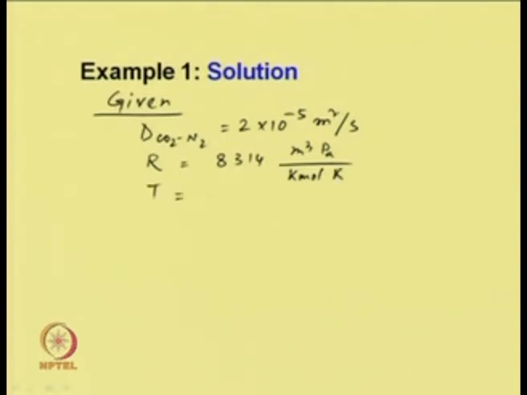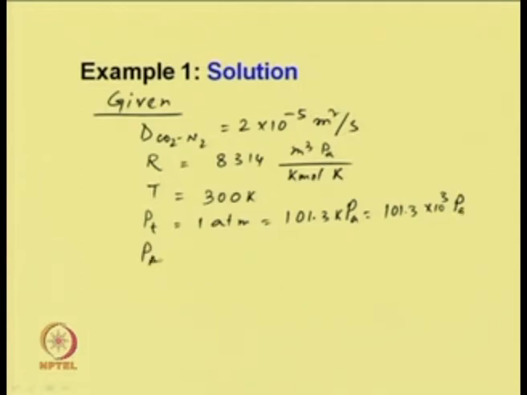T, the temperature of the system, is 300 K. Pressure PT is given as 1 atmosphere, which is equal to 101.3 kilopascal, equal to 101.3 into 10 to the power 3 Pascal.